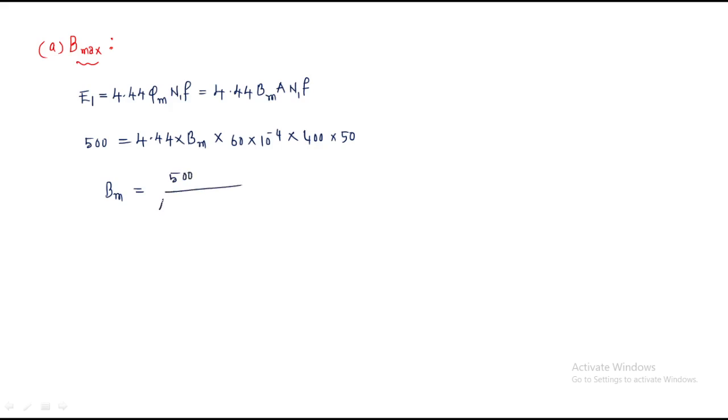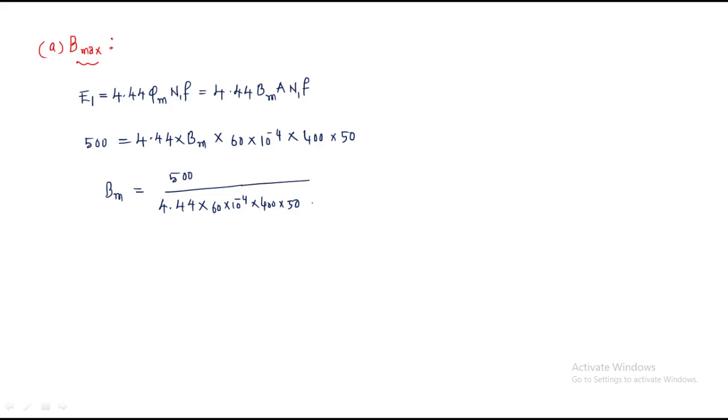So from this Bm should be equal to 500 by 4.44 into 60 into 10 power minus 4 into 400 into 50.